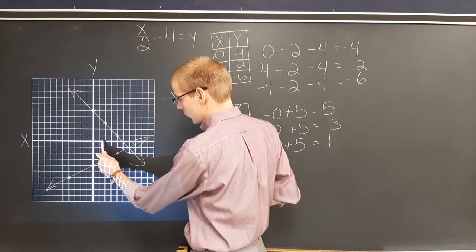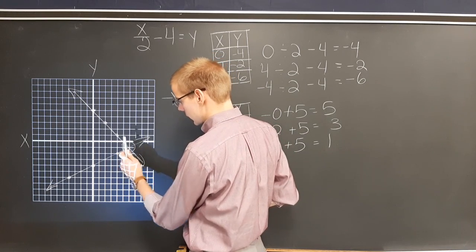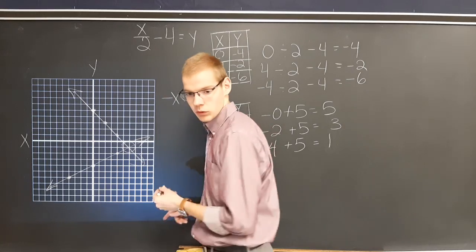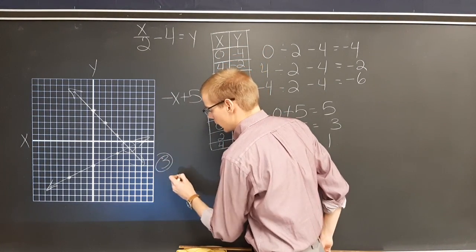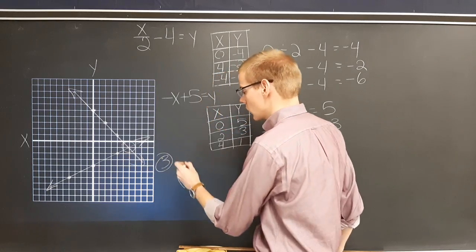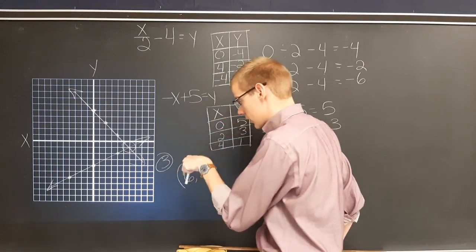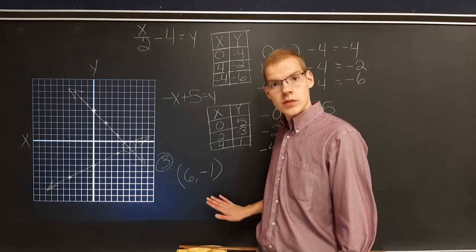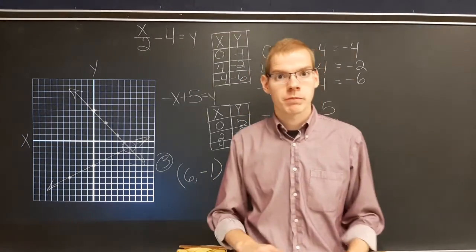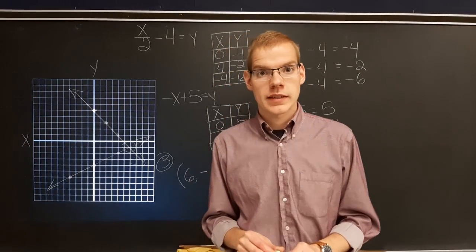So we have 1, 2, 3, 4, 5, 6, and 1 down. So number 3 is 6 on the x-axis and 1 down, so it's negative 1 on the y-axis. And this is what I would like to see on number 3. Go ahead and do the rest of the lesson on your own.